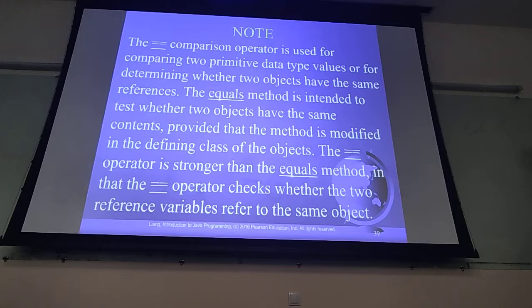Are we clear? But here, new Circle, even if it is 10, is it true? No. Why? Different values, different objects. Are we clear? Equals and this one are different. Here they check the value of the attributes. And here they check whether both references are referring to the same object or not. Clear everyone this?